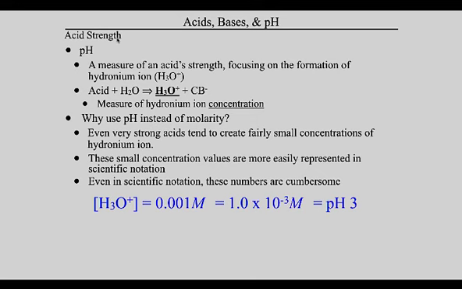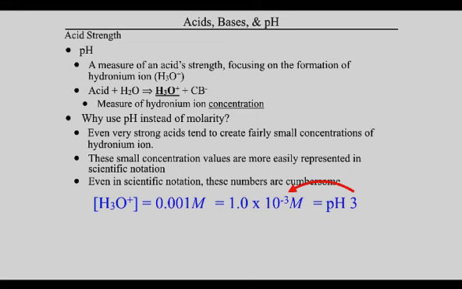It's a whole lot easier for us to say an acid with a pH of 3 than it is to talk about a weird molarity, or even worse, that weird molarity in scientific notation. So what then is pH? Well, guys, watch the arrow. pH is simply that number. You take the number off of the concentration in scientific notation, and that's the pH. That's all there is to it.